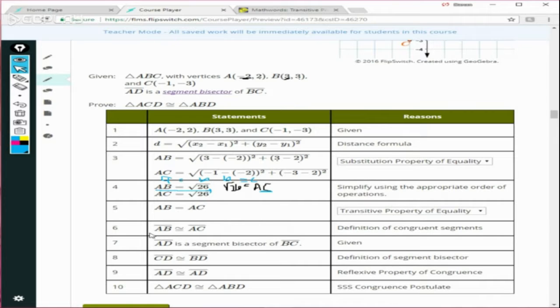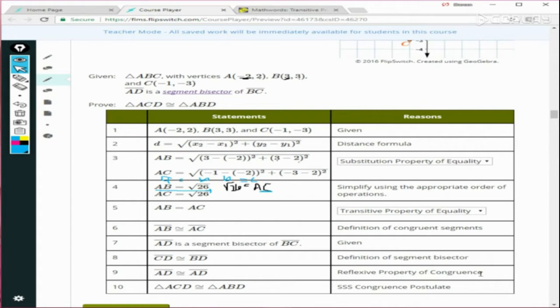Then this is the segment AB is congruent to the segment AC. Definition of congruent segments, because they are the same length. AD is a segment bisector of segment BC. That's a given. So then segment CD is congruent to segment BD. Definition of a segment bisector, that's what we talked about.